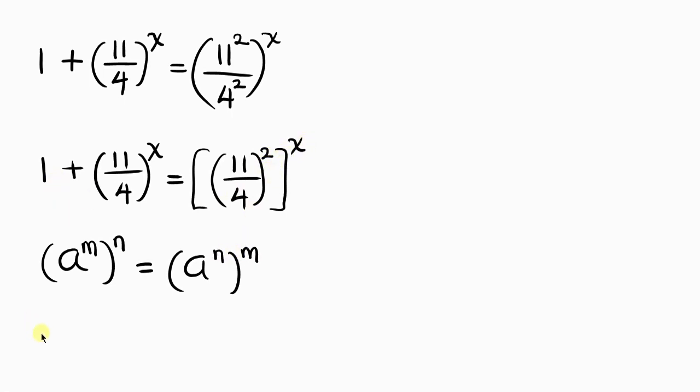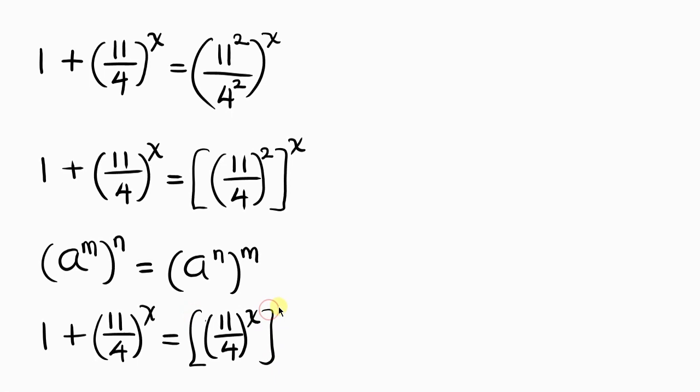So we have 1 plus 11 over 4 all raised to the x. This is equal to, this becomes 11 over 4 all raised to the x. And this is raised to the power of 2.